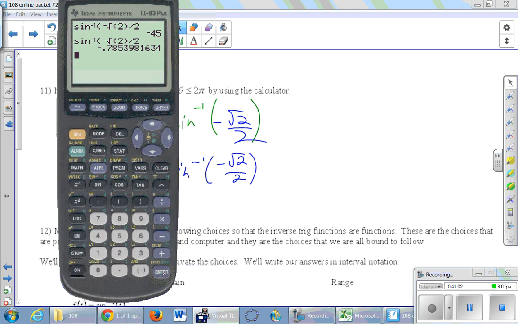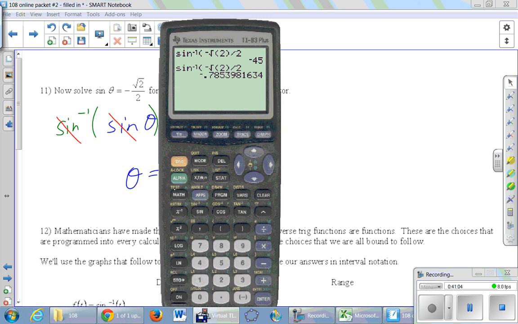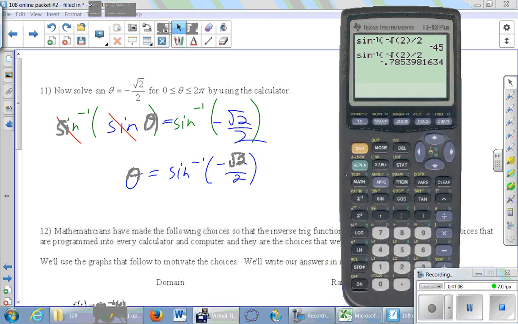So we hit enter, and we get this maybe strange-looking decimal that we haven't seen before. If you go back a couple of pages, what did we get for the exact answer to this problem when we used radians and the unit circle? Hopefully you see that we got two answers, 5 pi over 4 and 7 pi over 4. Just for kicks, I'm going to type in just pi over 4.